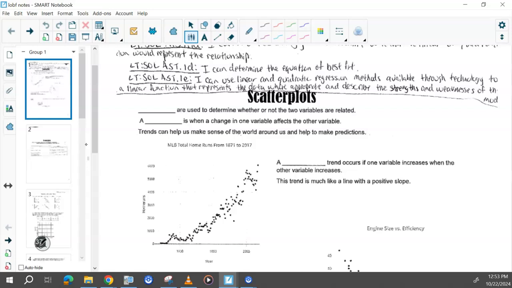Scatterplots are used to determine whether or not two variables are related. A trend is when a change in one variable affects the other.